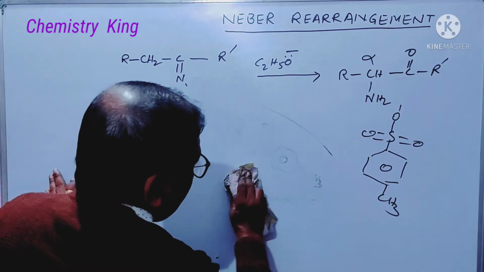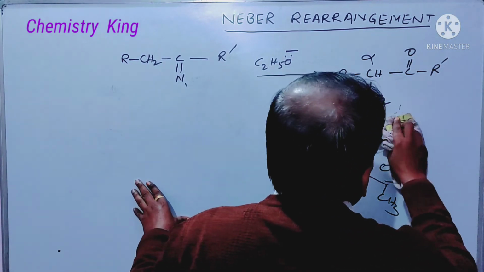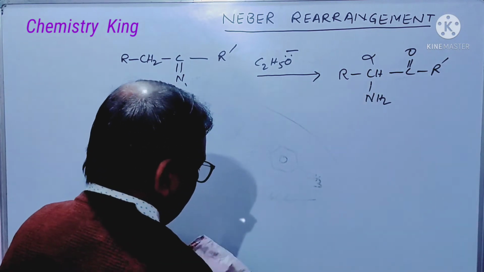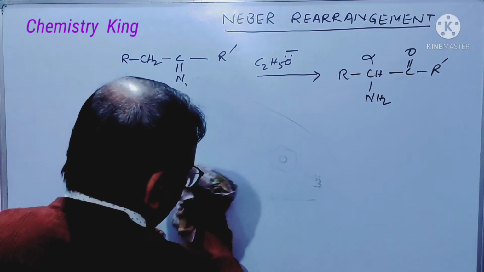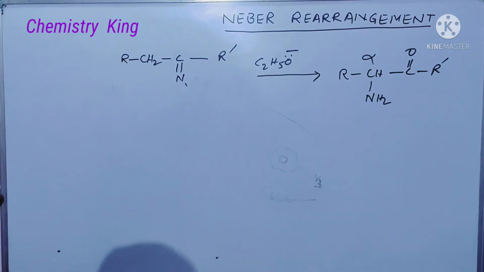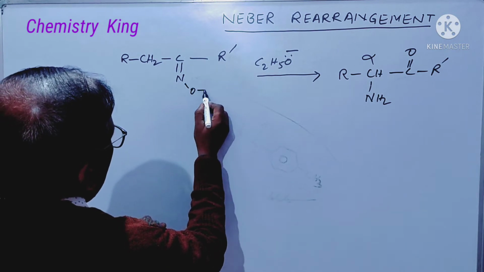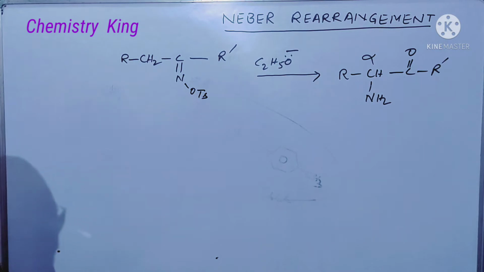Now we are very clear how the reactant is obtained. OTs, this tosylate unit, is a good leaving group.